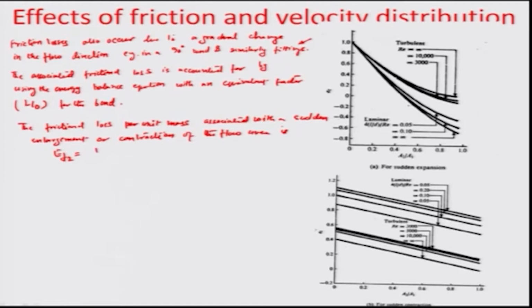So this can be recorded as half EF V dash square, where again V dash is the average flow velocity in the smaller cross sectional area.